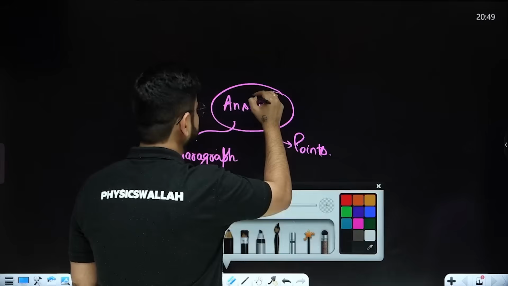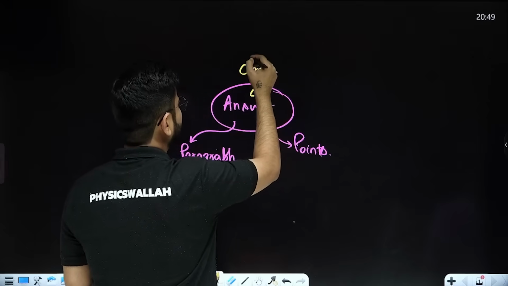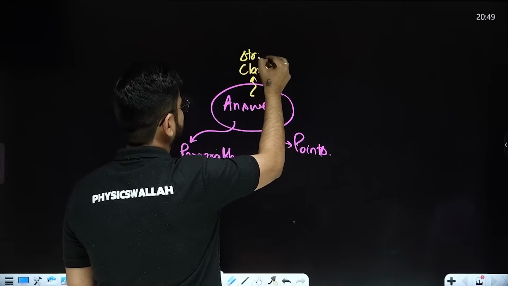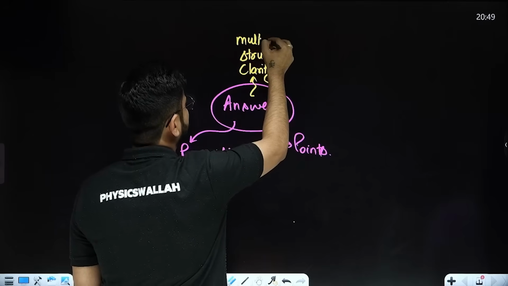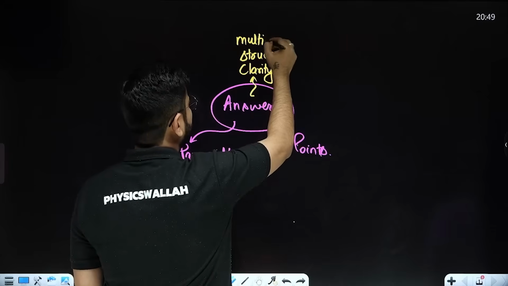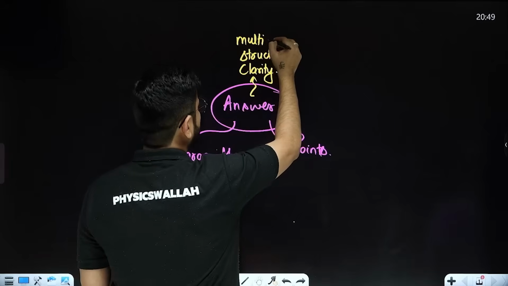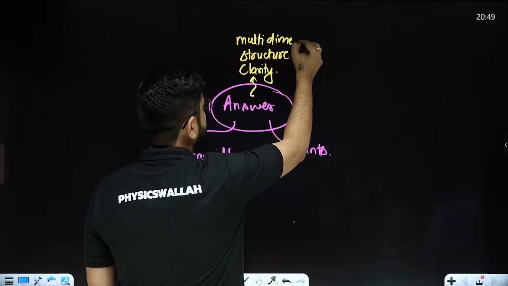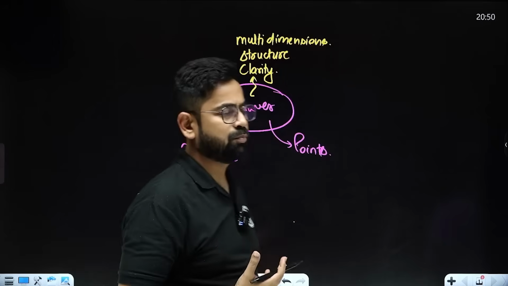UPSC expects that your answer has clarity, structure, and multi-dimensional points. You need to think about all the dimensions from which that question can be approached. That multi-dimensional thinking will help you write more points, more arguments.